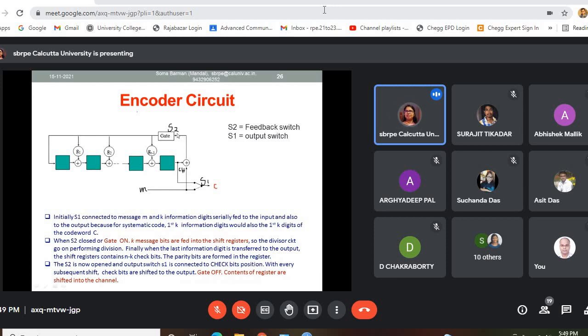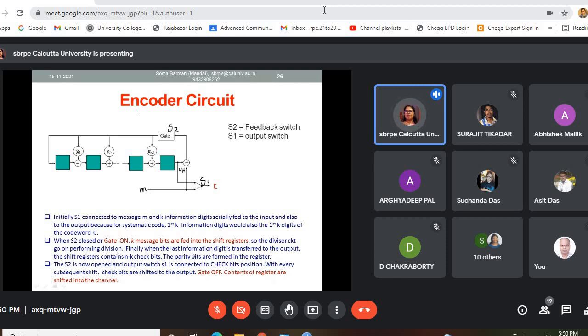The information coming here is serially shifted, and initially we consider all the shift register contents to be 0. When S2 is closed, the k message bits are fed into the shift register, so the dividing circuit goes on performing the division.